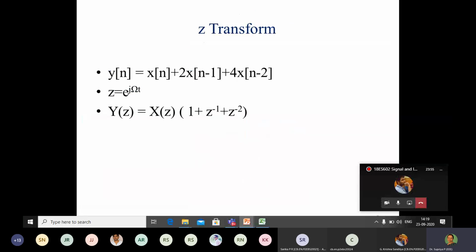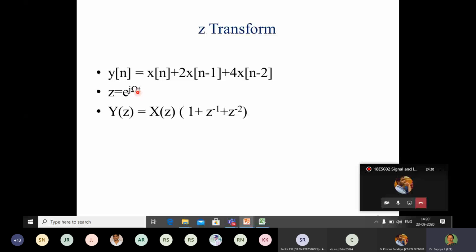Next, we go on to Z transforms. Why the Z transform is necessary is that many times when the signal is in the time domain, it is given as y of n equal to x of n plus 2 into x of n minus 1 plus 4 x of n minus 2. This is just a sample given just to make you understand what the expression is going to be. And you would recall that when we substitute z is equal to e power j omega t, where this omega is actually the digital omega.